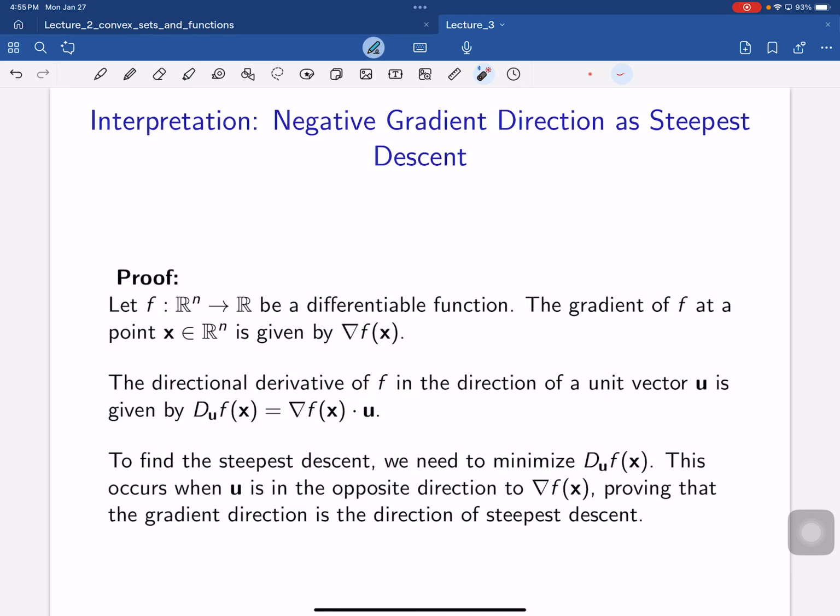If you want the directional derivative to be as negative as possible because you want to decrease the function value, then you would choose u to be the opposite direction of the gradient. So that's why it is called the steepest descent direction. It is the direction that gives you the most negative directional derivative.